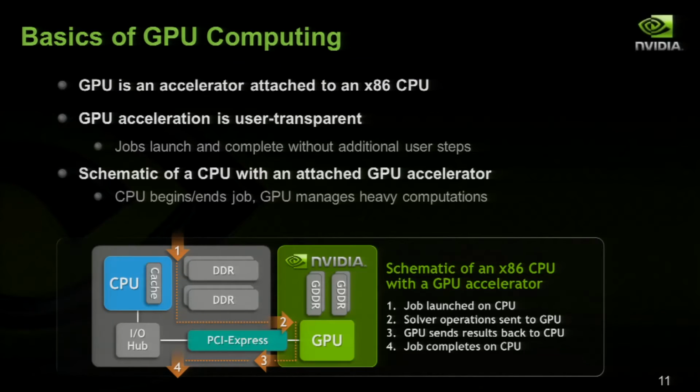This is how it works: you start your job on a CPU as before, the CPU does some operations and communicates with the GPU when necessary, and then the CPU delivers a solution. Pretty straightforward.